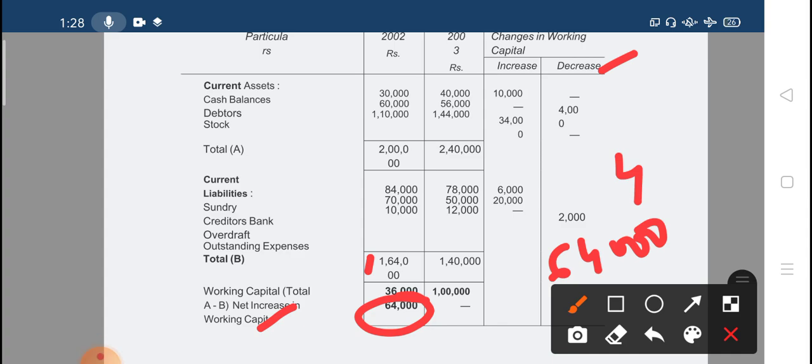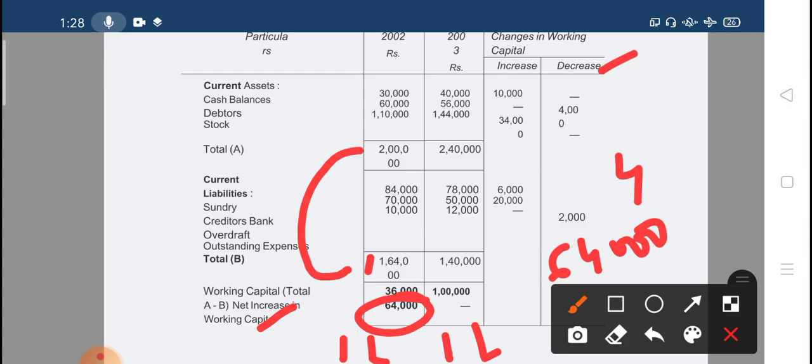Again I repeat, here we have to take the differences between total current assets and current liability. So 36,000 is the working capital of 2002 and 1 lakh is the working capital of 2003. So the total is 1 lakh, the difference is 64,000.